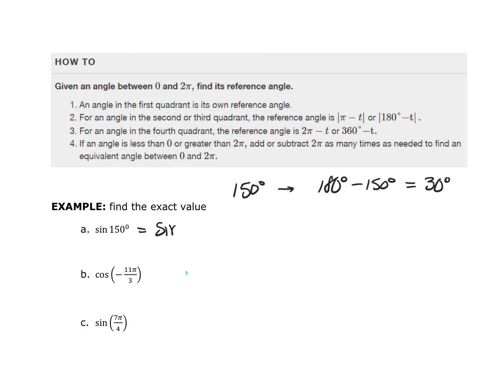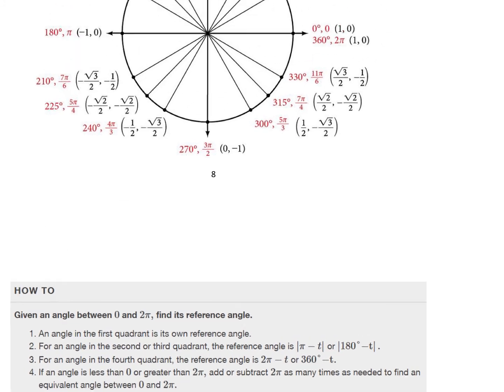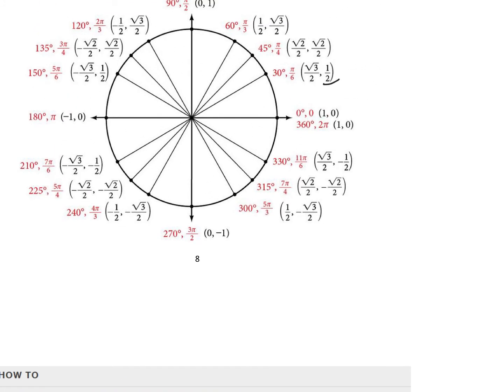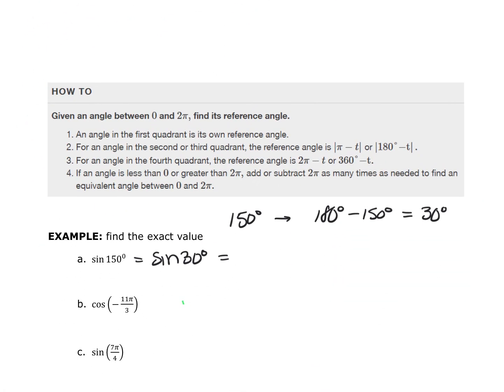So this is the same thing as the sine of 30 degrees. I'm going to go up to my unit circle here and look for 30 degrees. The sine of 30 degrees is 1/2. Because I'm in quadrant number 2, and sine has a positive y value in that quadrant, it is simply 1/2.